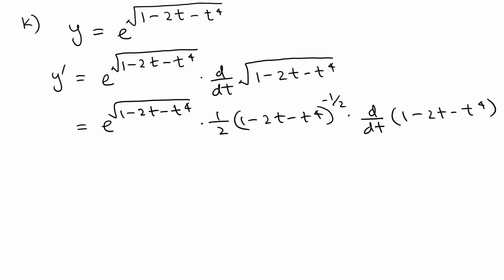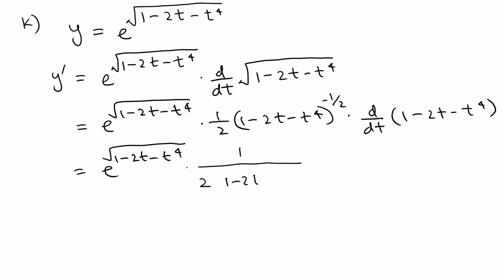Now what we do, we're going to take the derivative of that one, so that means you're going to get e 1 minus 2t minus t to the 4, and then we have here, we can write this one, if you want, we can bring it down and we can write this one as 2 1 minus 2t minus t to the 4 square root, and then take the derivative here.